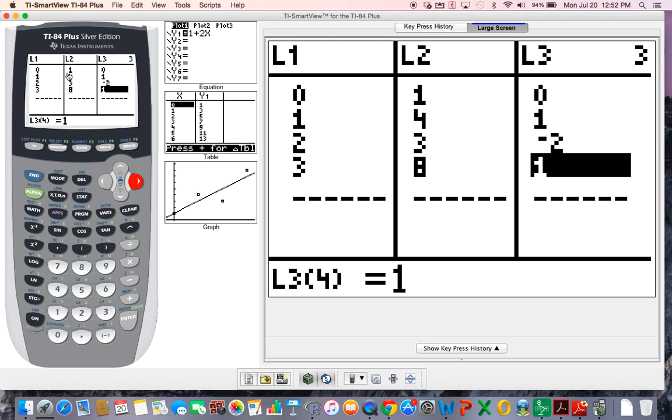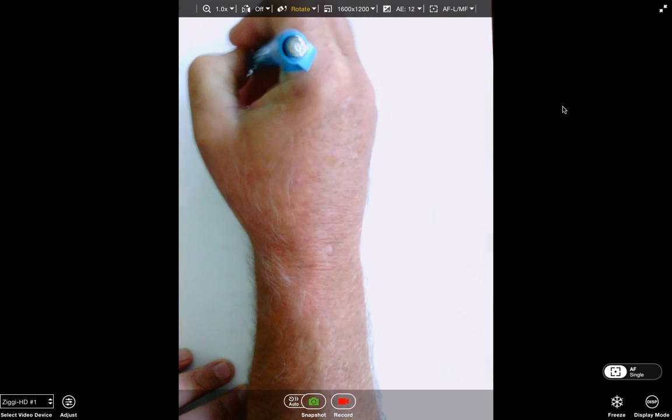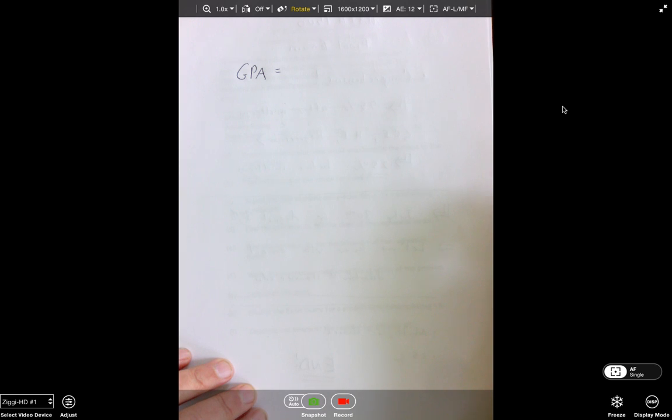Now, an exam question before I get into the study guide. An exam question that I almost always give is going to work something like this. Let's say that we can calculate someone's GPA.